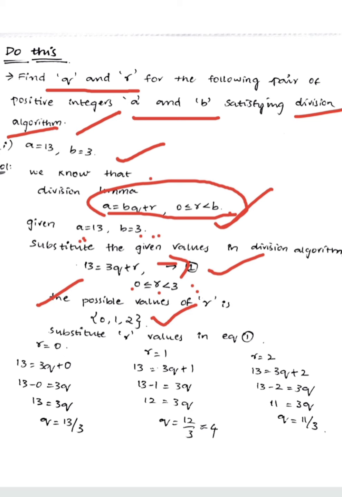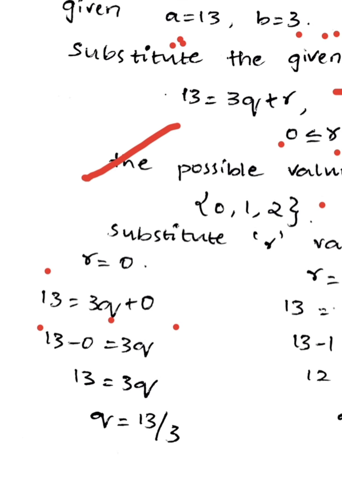Now substitute these r values in the equation above. By substituting the r values in equation 1, if r equal to 0, we get 13 equal to 3q plus r. What is r? 0. So we substitute it here. Now how can we find the value of q?